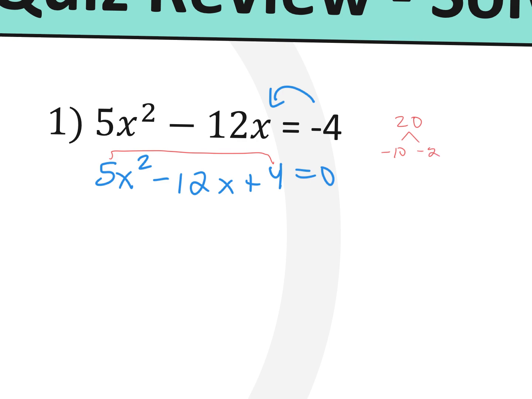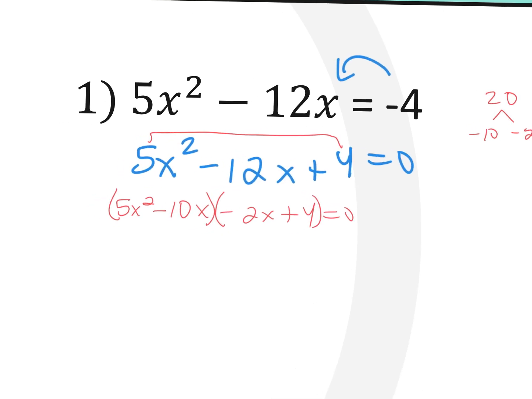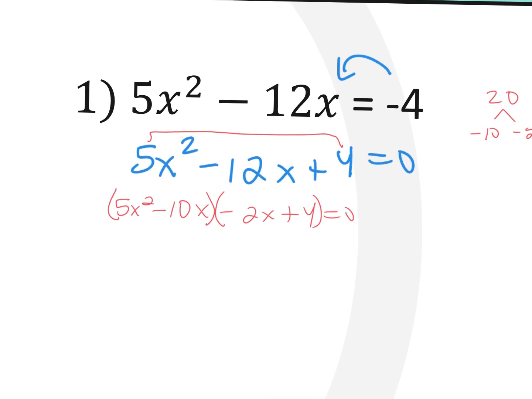Okay, I'm going to do this one both ways. I'm going to do it the grouping way first. So 5x squared minus 10x, right? Minus 2x plus 4. So if we group the first 2 and the second 2, what can I take out of 5x squared minus 10x? 5x, perfect.